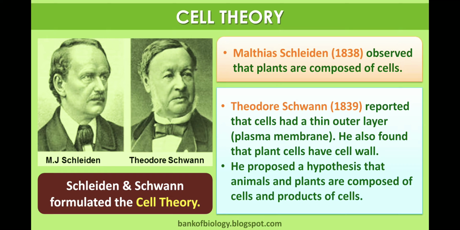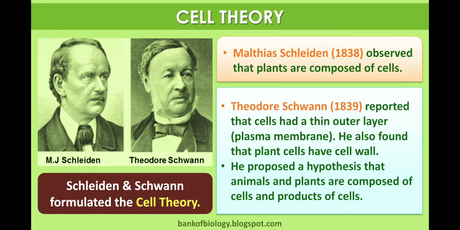But Theodor Schwann reported that the cell has a thin outer layer, called the plasma membrane, and he also found that plant cells have a cell wall.